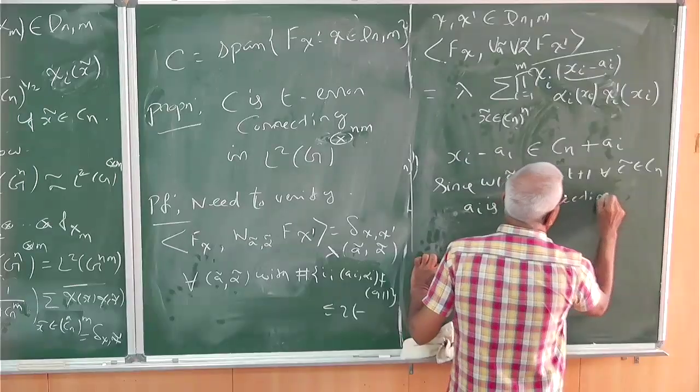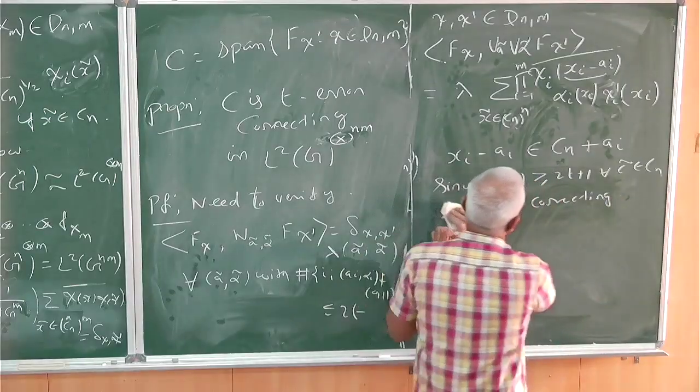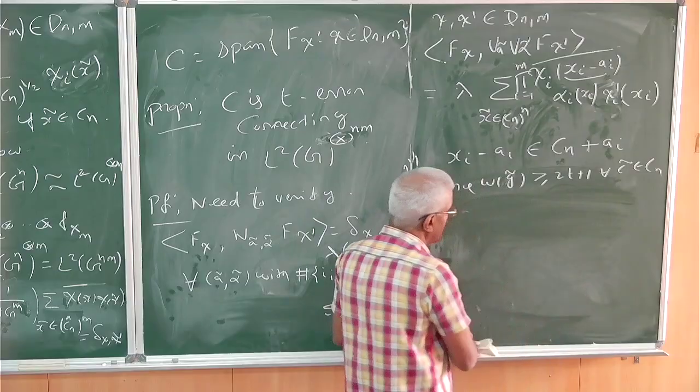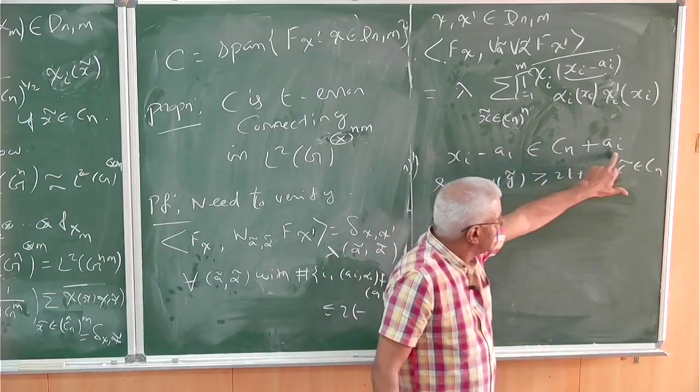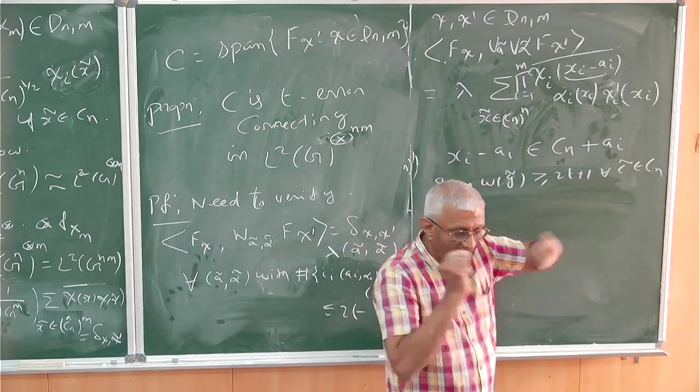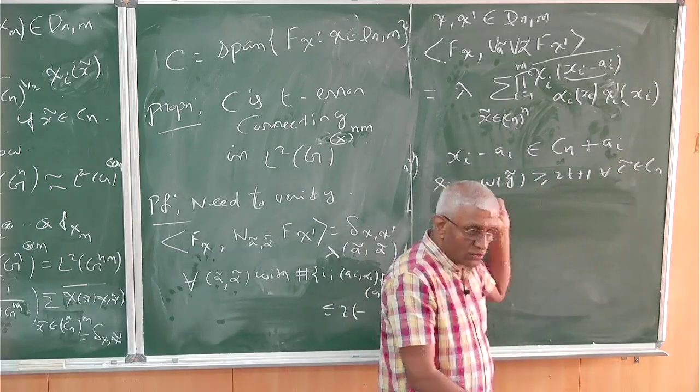That's what it means. Not A_i is not T, correct. Cn is T. I mean, it is just the number of non-trivial entries. A is a tuple; the number of entries which are not equal to 0 is less than or equal to 2t.